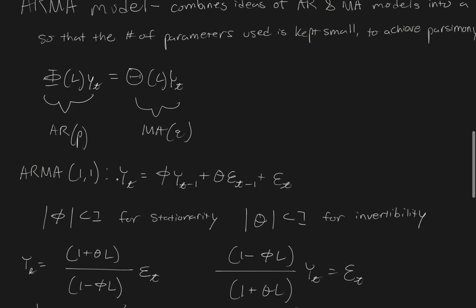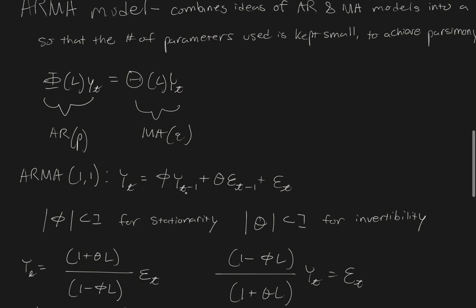So in the ARMA model, we can see that we have both the AR here and the MA here. So one error here and one past value here of y.